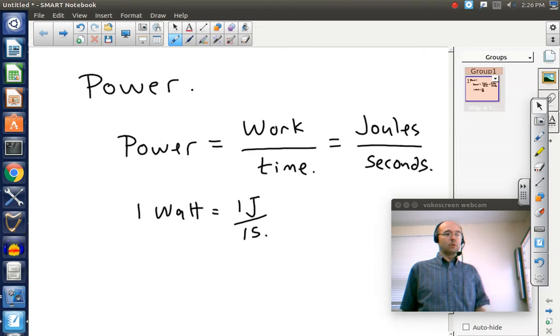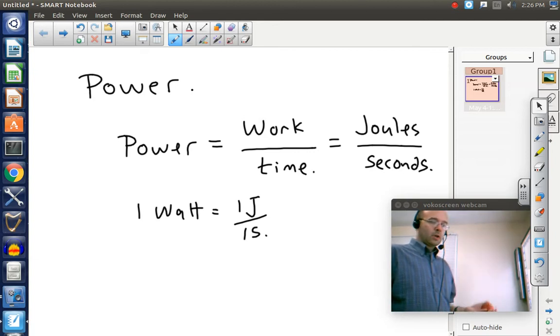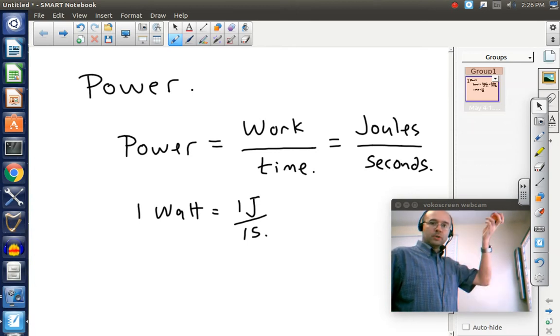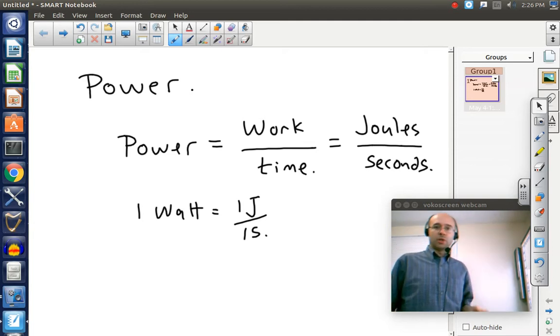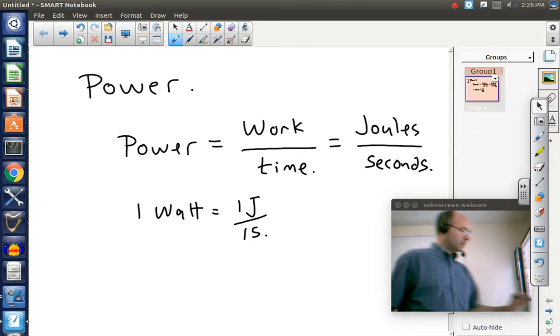So if I lift a 100 gram apple about a meter, the amount of work I've done from the resting point to raise this up is 1 joule. And if I'm picking apples up off the ground and putting them in a basket a meter up, on a table or something, if I lift 1 apple every second, I'm accomplishing 1 watt of work.